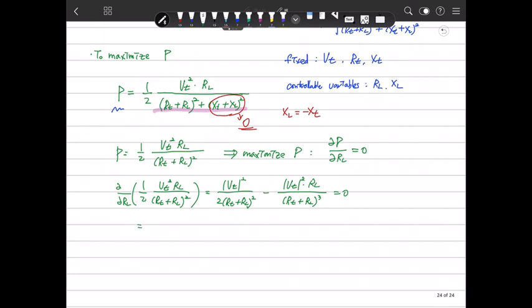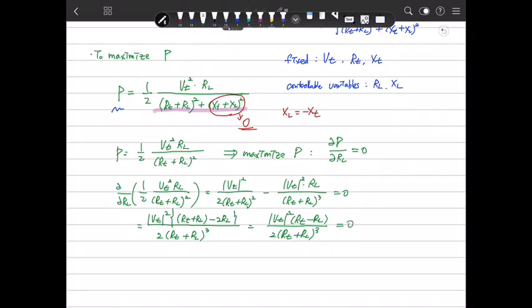So that will be Vt square times (RT plus RL) times (RT plus RL minus 2 RL) over (RT plus RL) cubic, which is (RT minus RL).